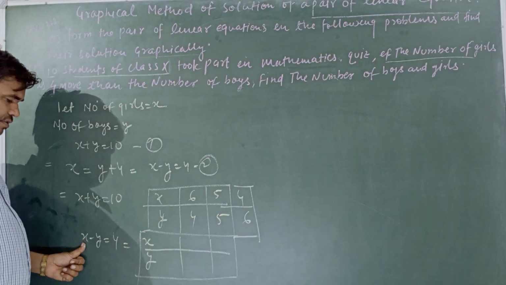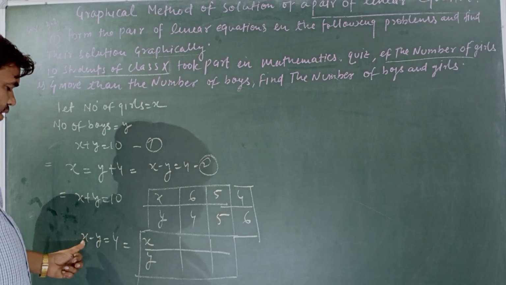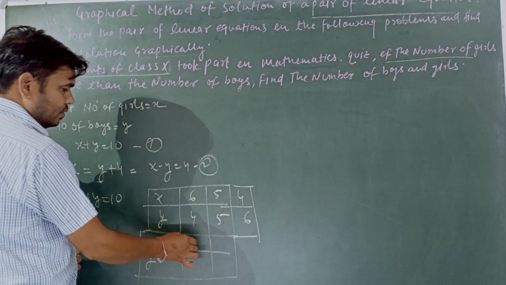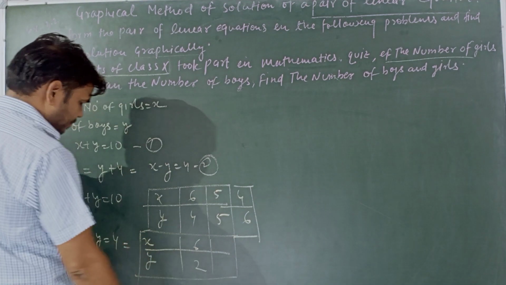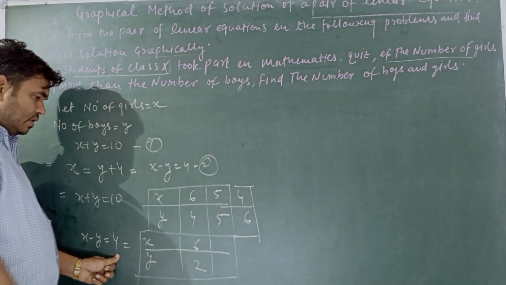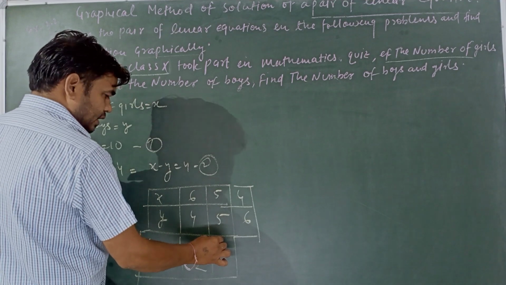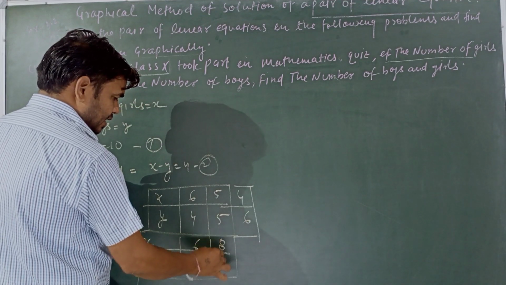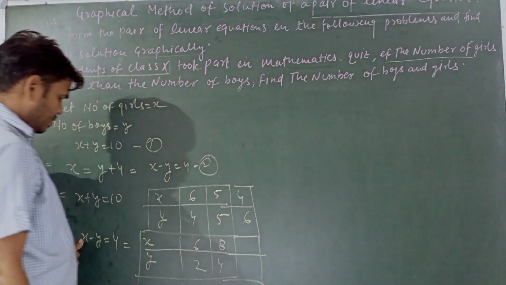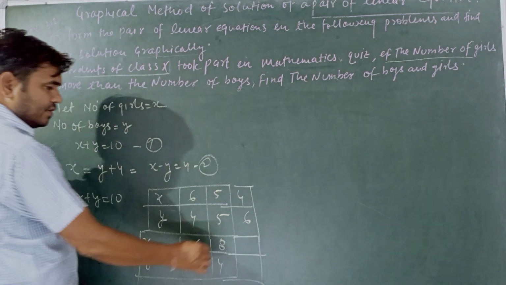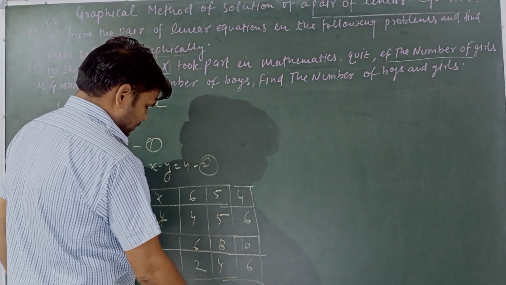For the second condition, x minus y equal to 4, we take x equal to 6 and y equal to 2, which gives 4. Then x equal to 8 and y equal to 4, and for the third, x equal to 10 and y equal to 6.